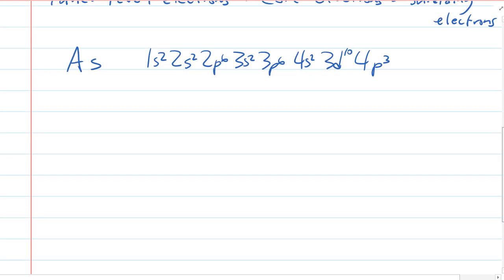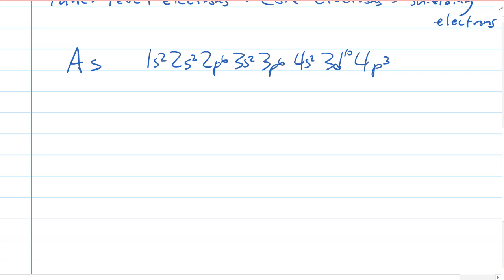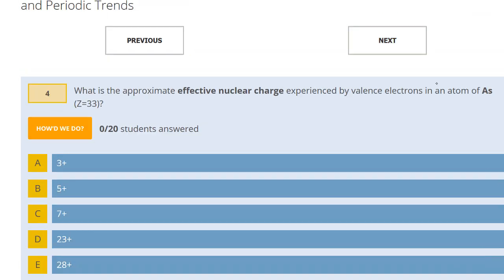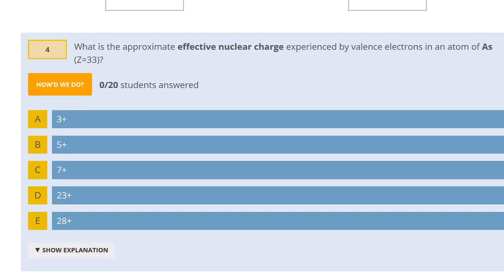So now try doing this without writing out the entire configuration like I did, or without writing out the entire Bohr model diagram. You should be able to do this now without drawing out the picture.